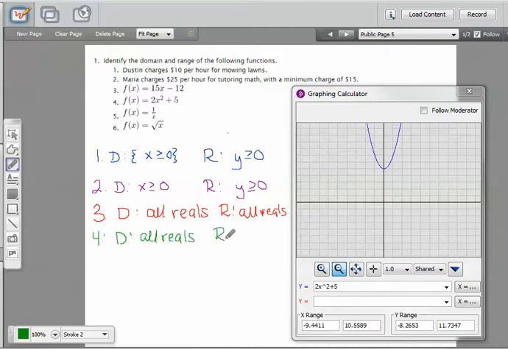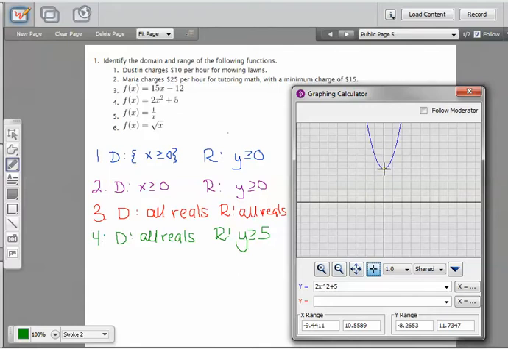But our range changes. Our range is y is greater than or equal to 5, because notice right here is at 5, right? I'm a little bit lower than what my vertex is showing there. We only get y values of 5 or greater. So that's why the range is y is greater than or equal to 5.